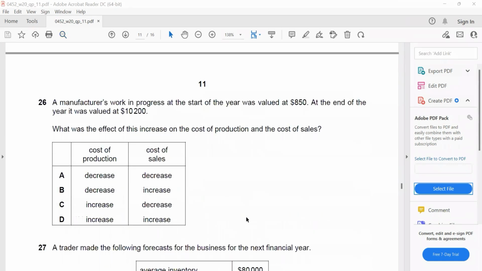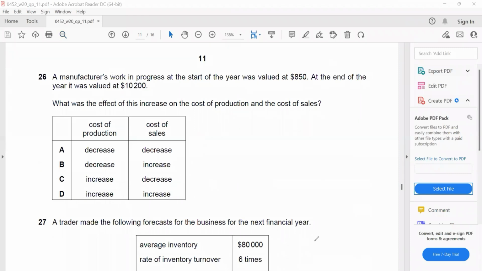Next question, 26. A manufacturer's work in progress at the start of the year was valued at 850. At the end of the year, it was valued at 10,200. What was the effect of this increase on the cost of production and the cost of sales? For work in progress, we have to take opening minus closing.